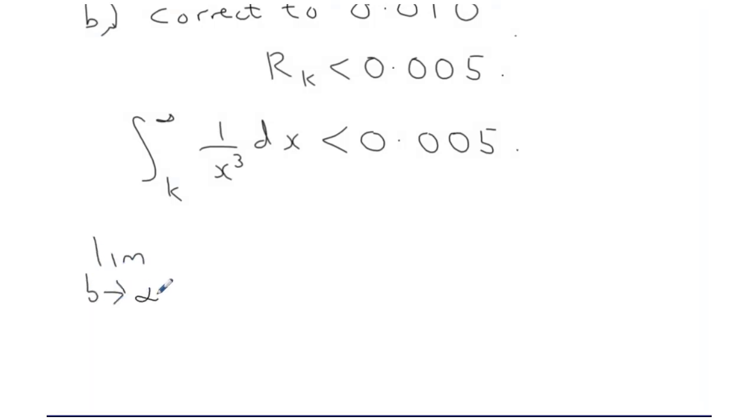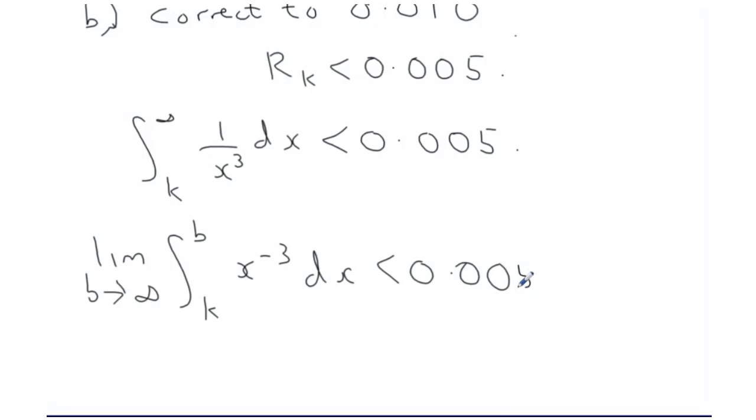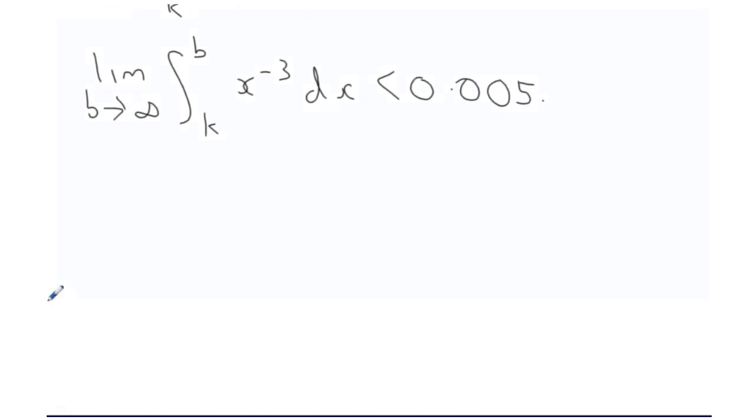Okay, so if we're working that out, for an improper integral, we know that means the limit as b approaches infinity of the integral between k and b of 1 over x cubed. So that's going to be x to the power minus 3 dx. And that needs to be less than 0.005. Right, so if we want to integrate this, add 1 to the power, divide by the new power.